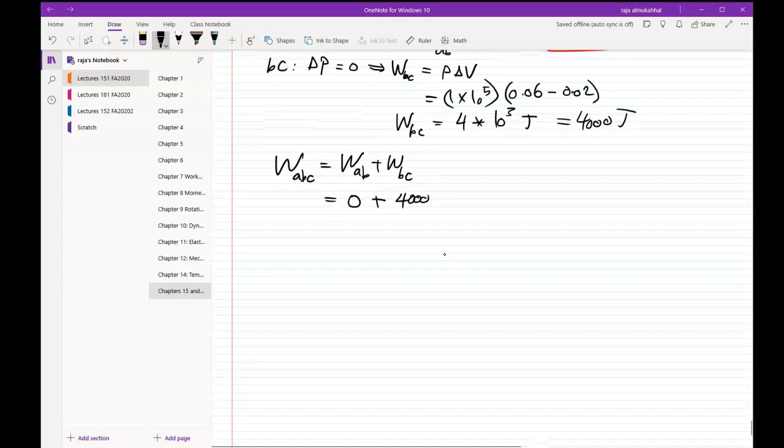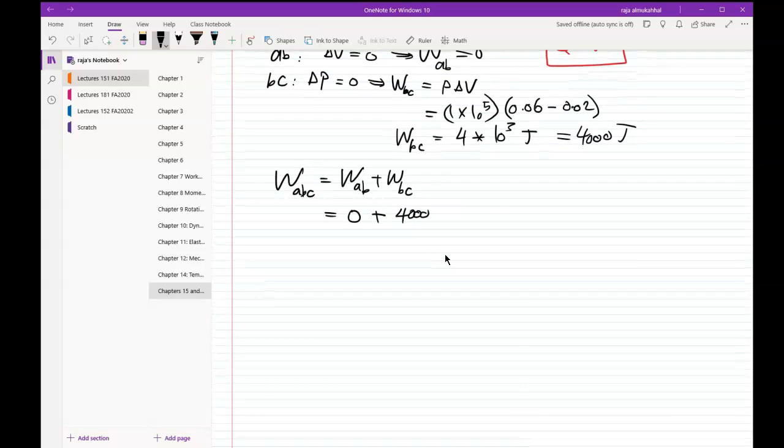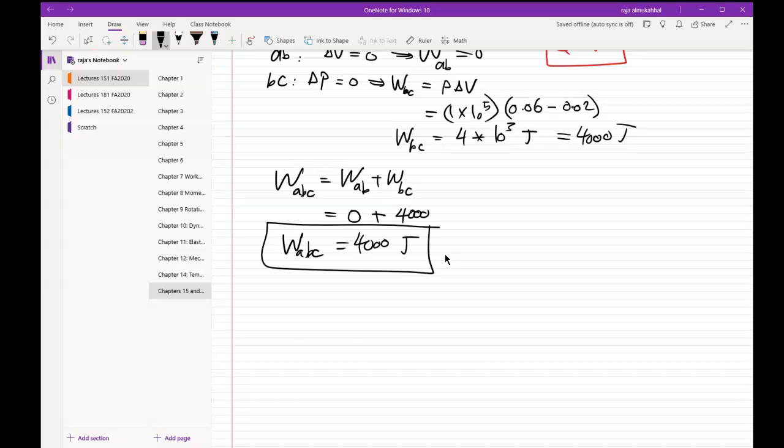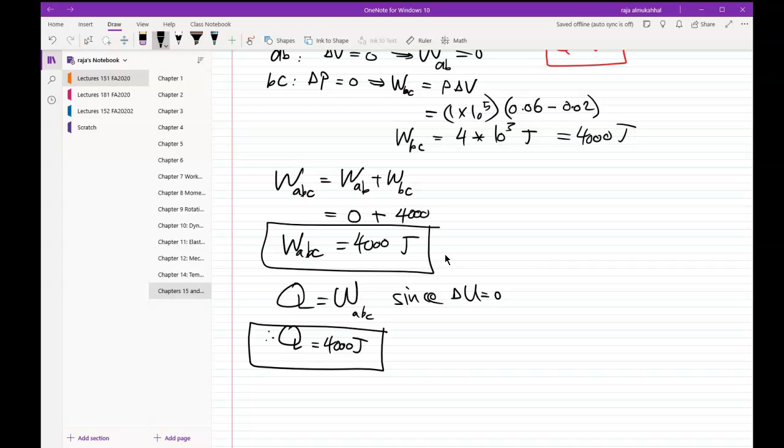And so in this case, the work is equal to 4,000 joule. And what is the heat? Well, heat is equal to the work, because this is an isothermal process, since delta U is 0. So therefore, Q is also equal to 4,000 joule. Okay?